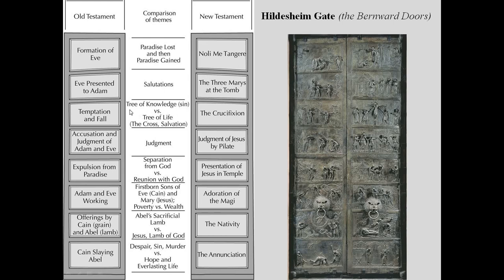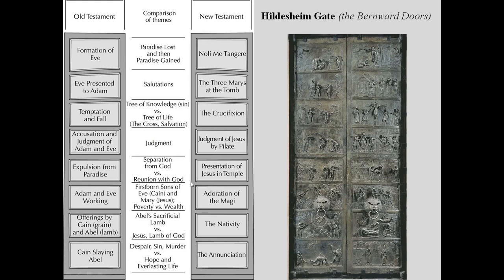Because here we can see that one of the leading motifs is the tree of knowledge, which symbolizes sin, and the crucifixion is the tree of life, which means salvation. The judgment of Adam and Eve, and the judgment of Jesus by Pilate. The topic of judgment. So again, these parallels were found.